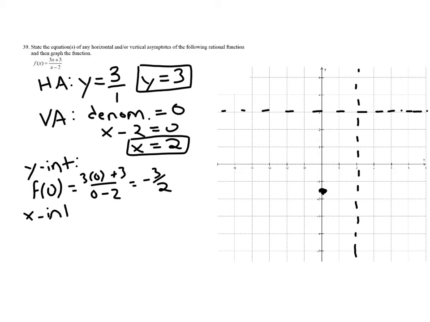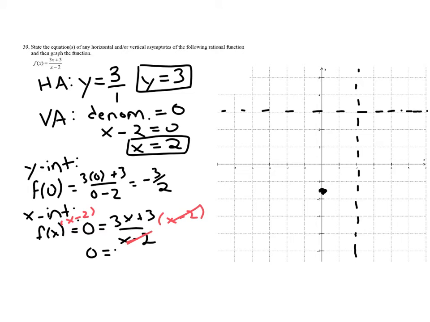While we're at it, we could also find any x-intercepts. You find the x-intercepts by setting the y value, f of x, equal to 0. So that's 3x plus 3 over x minus 2. But for a rational function, you always end up with just the numerator equal to 0, because the first step in solving this equation will be to multiply both sides by the denominator to clear that denominator, and you end up with 0 equals the numerator, 3x plus 3.